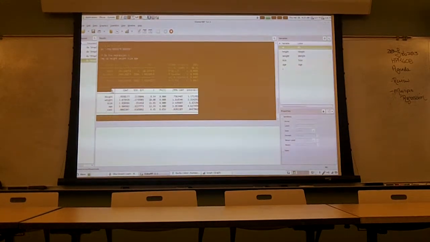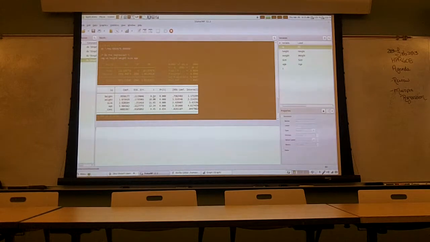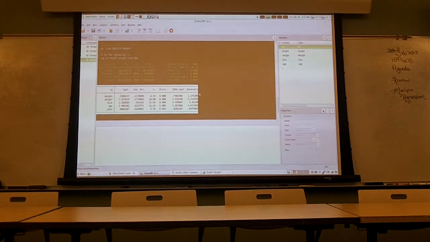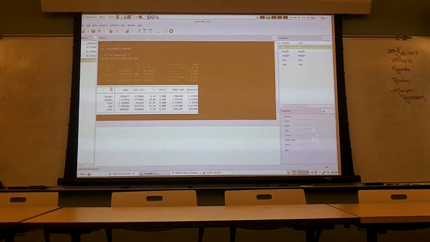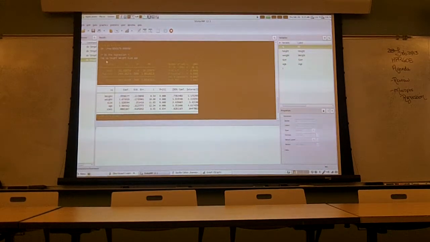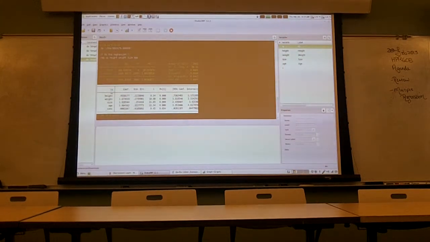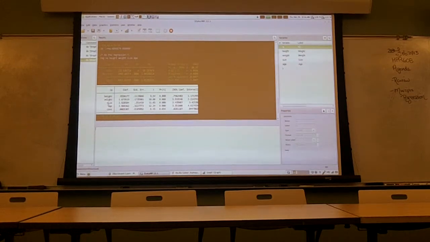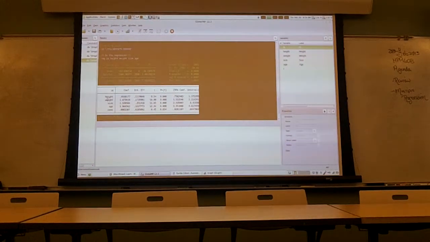Okay, so let's talk about these things. The way Stata sets this up, I'm going to give you the column headers, and then we'll take these in turn. The first column is always going to be labeled with the name of the criterion, IQ. These are the parameters, the names of the parameters that we're interested in.